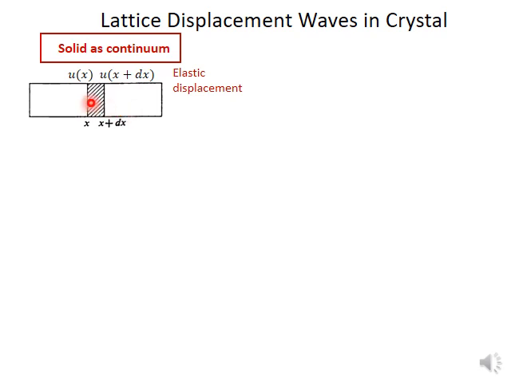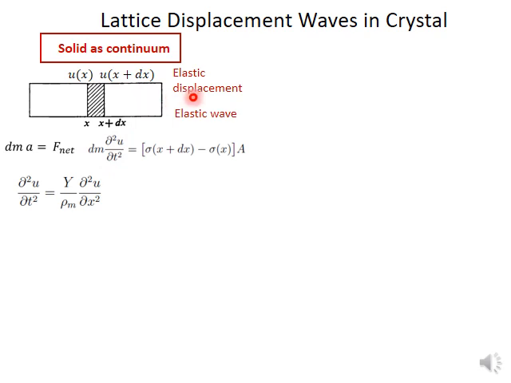We solved for the elastic waves using Newton's law, F equals ma, applied on such an elastic element by considering the stress on either side, which gives you the net force on this element.